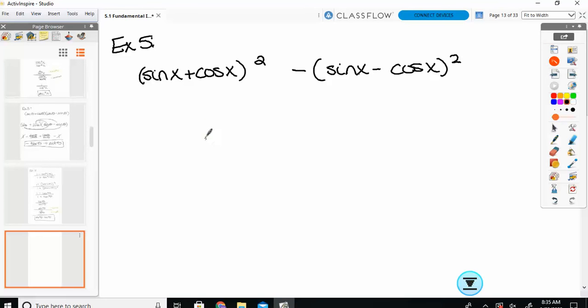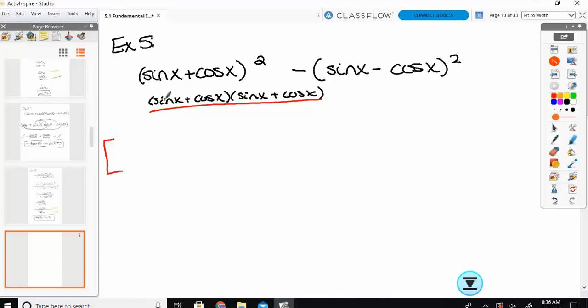What does it mean when I say we have that parenthesis squared? To square that means we have the same thing twice. So what do we have to do?